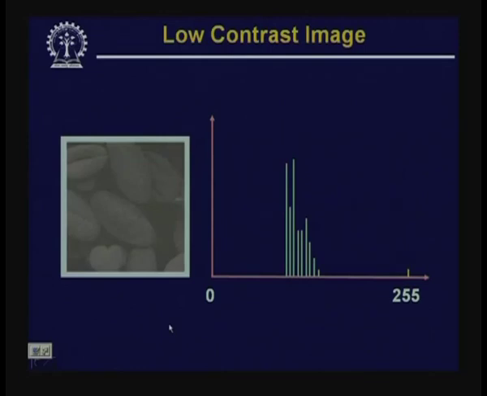This is an image where the intensity values are higher than those of the first image we showed, but lower than those of the previous image.